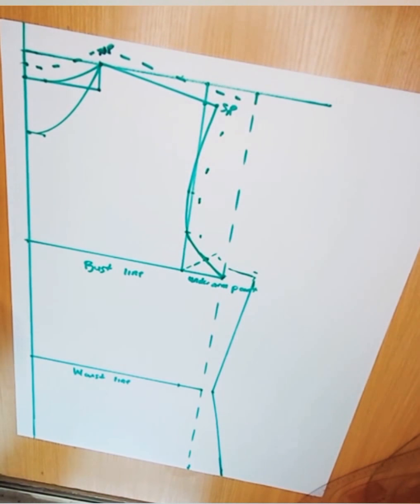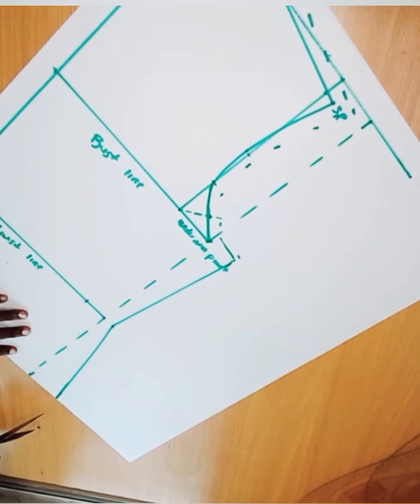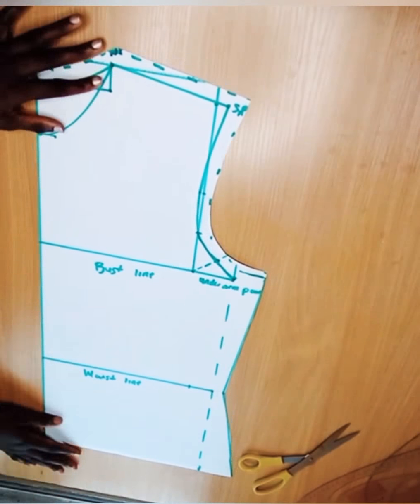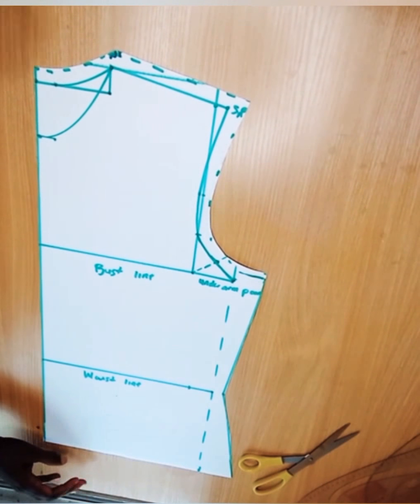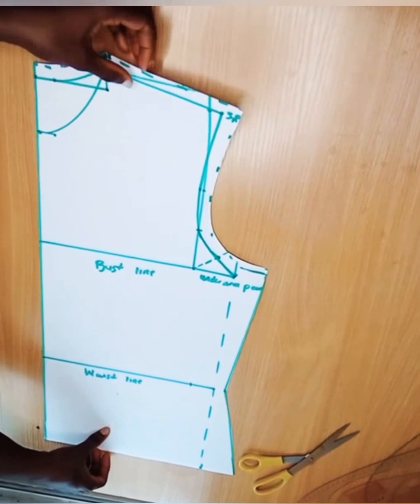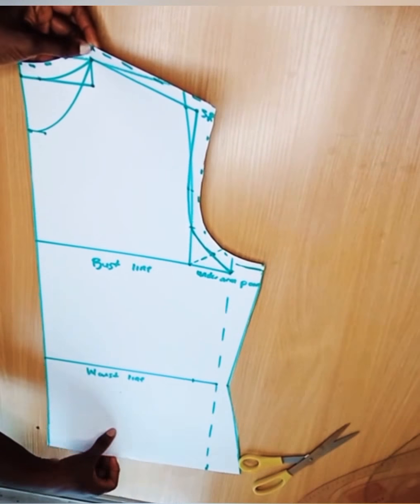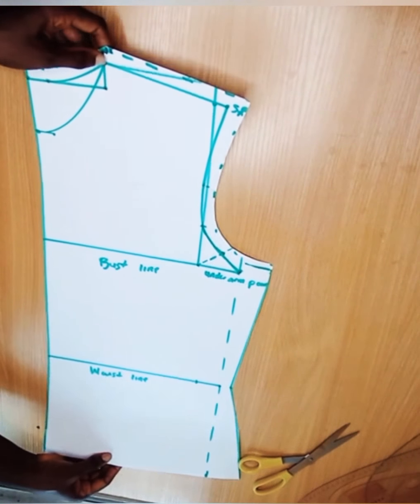So next we cut. We are going to cut with the back neckline for now. So you place the fabric on fold 2 and then cut the back bodice. After cutting the back bodice, you add 1/2 inch to the front neckline.